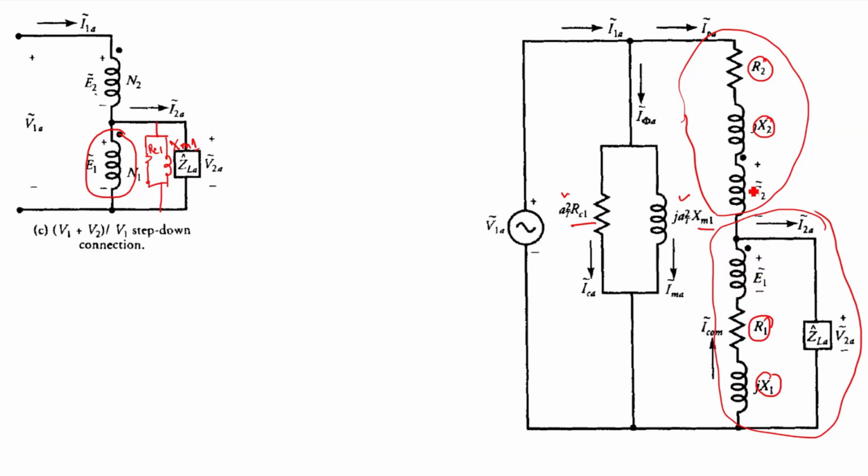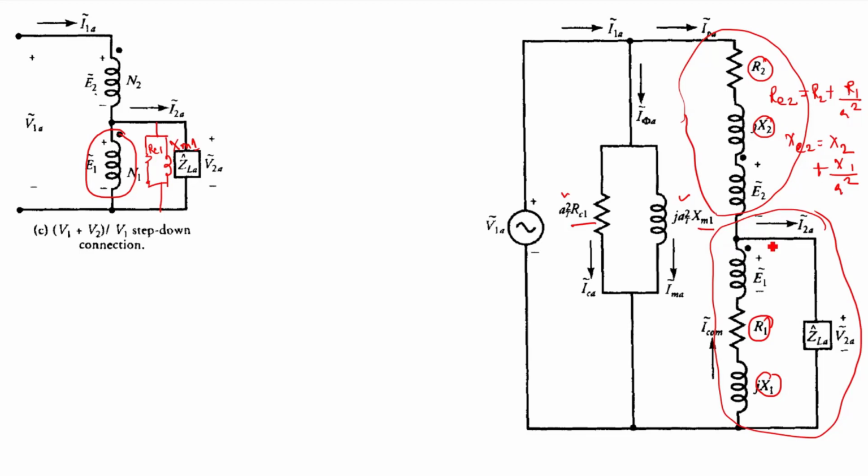If I refer this, I have to divide with A square, right? So here if I bring R1 and X1 to the N2 side, I'll get RE2, that is equal to R2 plus R1 by A square, and your XE2 will become X2 plus X1 by A square.